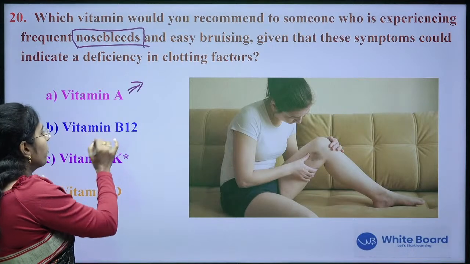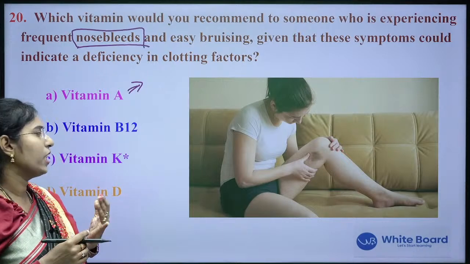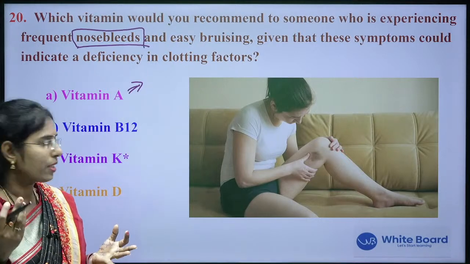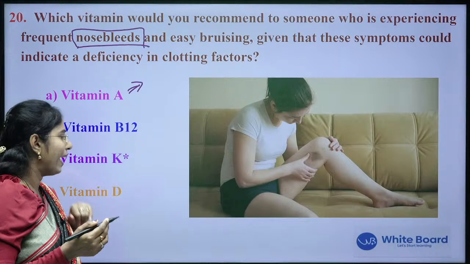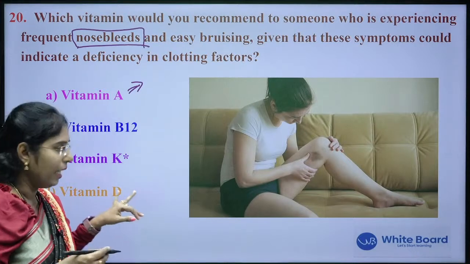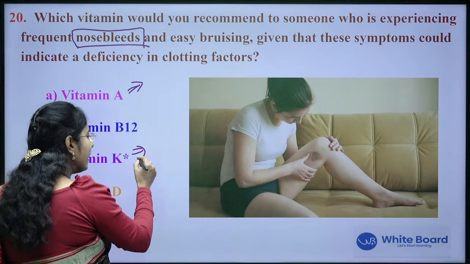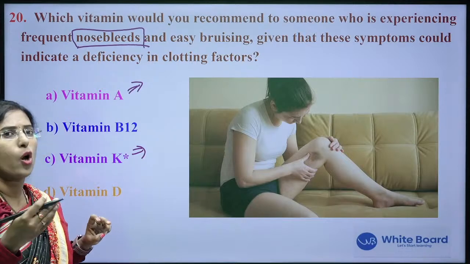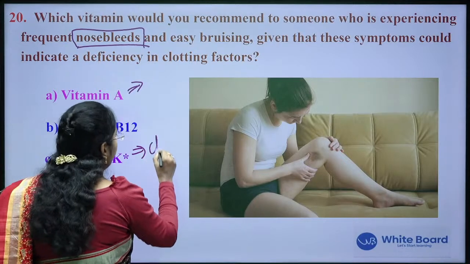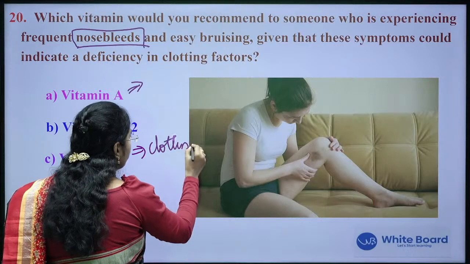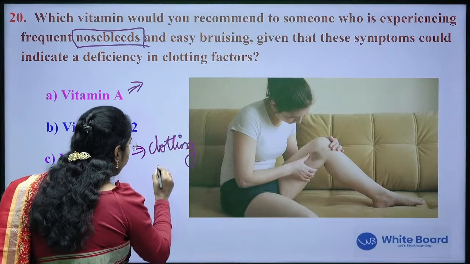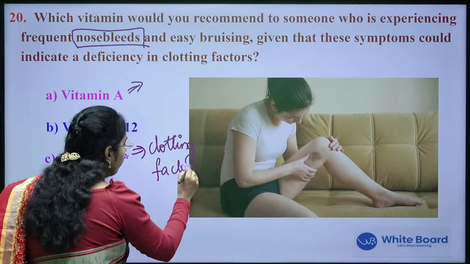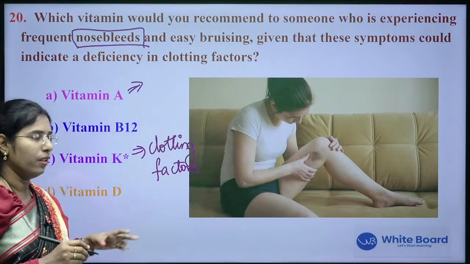Next, vitamin B12. Vitamin B12 deficiency leads to pernicious anemia. And vitamin K is mainly responsible for synthesis of clotting factors in the liver.